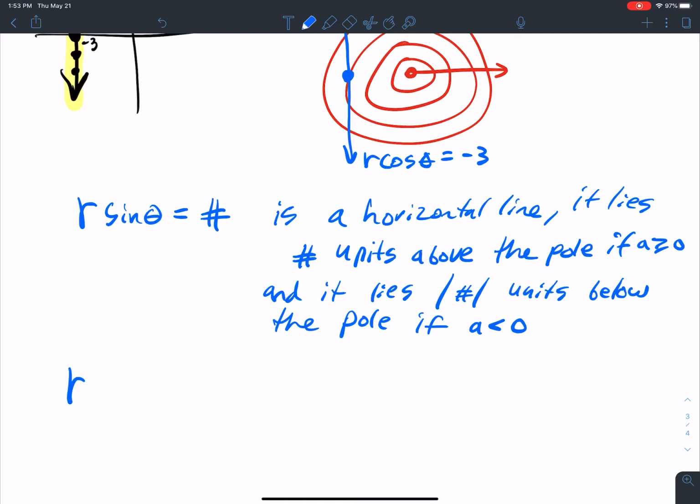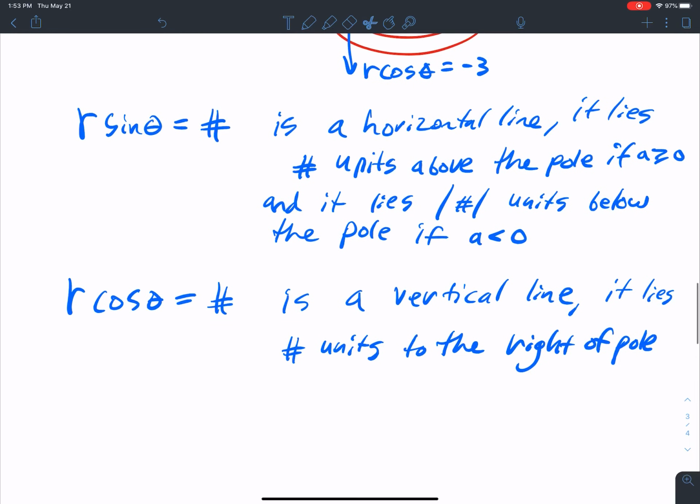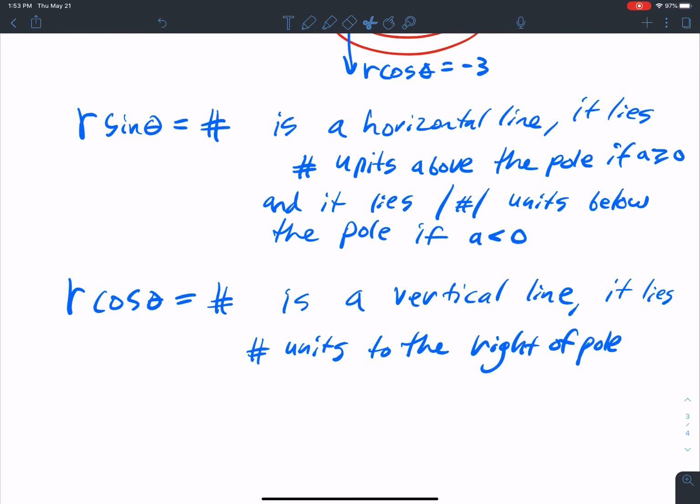And then r cosine theta equals some number is a vertical line. And it lies the number of units to the right of the pole if the number is greater than or equal to 0.